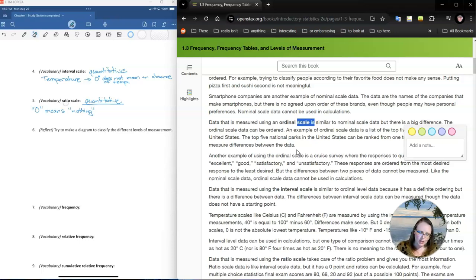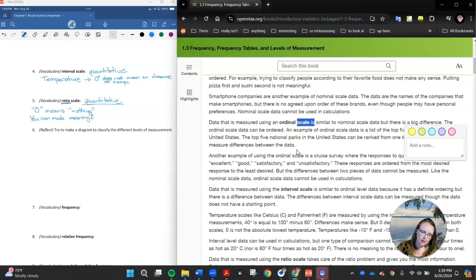And in a ratio scale, the word ratio actually is important. You can make meaningful ratios with this data.